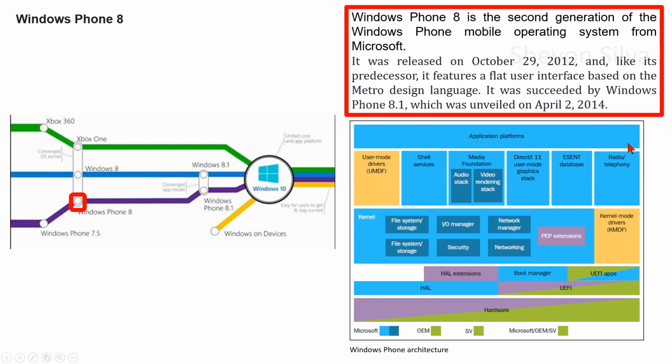At the top of the kernel resides the main operating system within the application platform layer. This is the sub-layer stack made principally of the Windows Phone shell system, application connection management, and platform services.